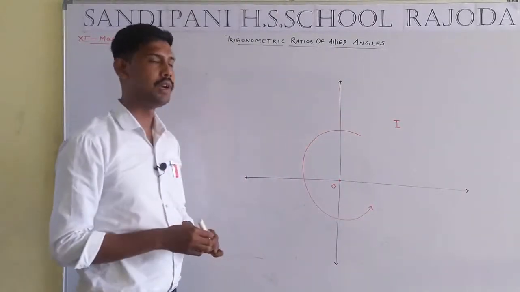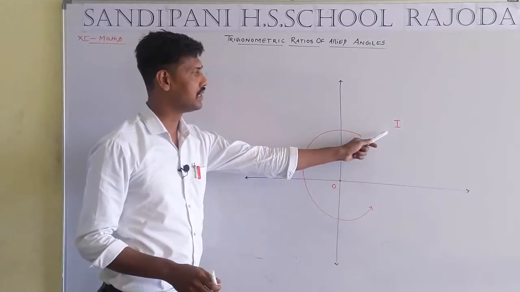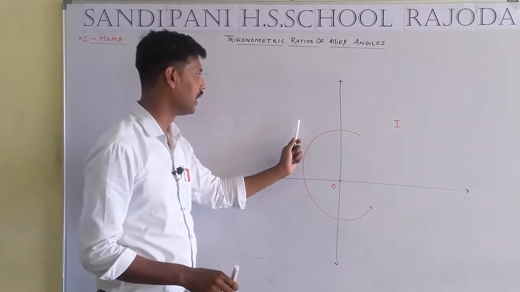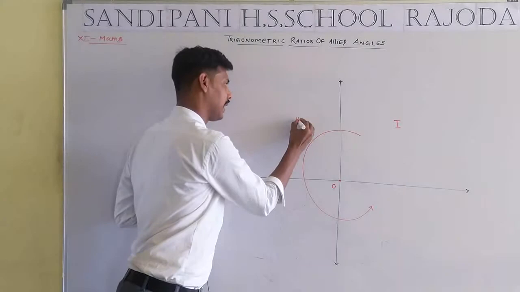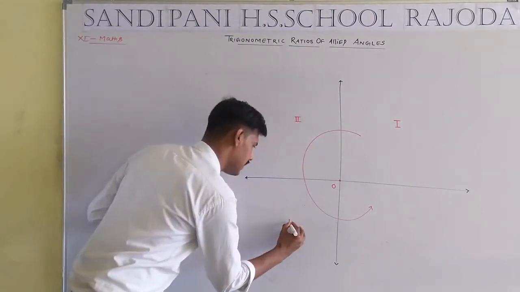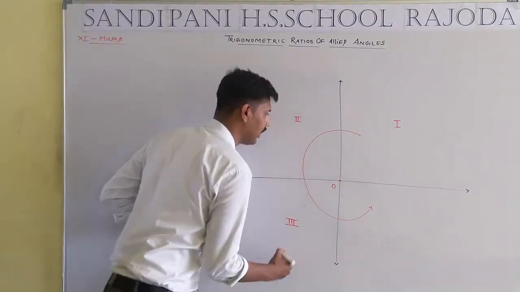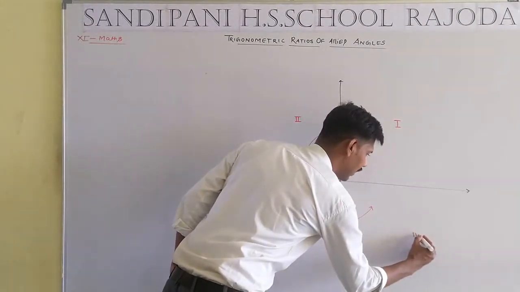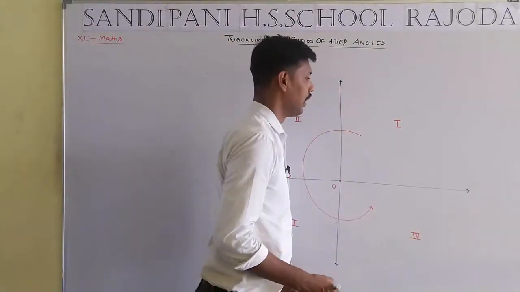In the direction of anti-clockwise, this is the first part, then this is the second part, this is the third part, and finally we get the last part, the fourth part.